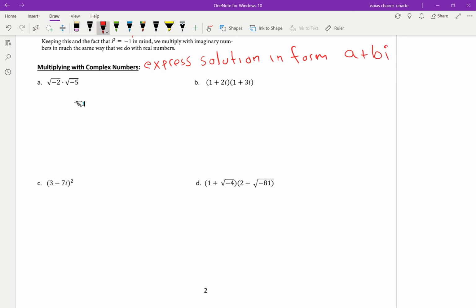Pause the video, try to perform these 4 multiplications. Okay, so hopefully you have answers, and your answers are in the form a plus bi.